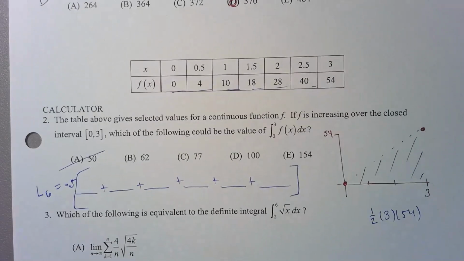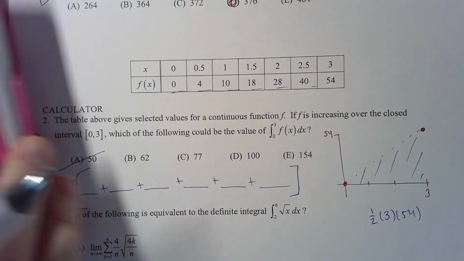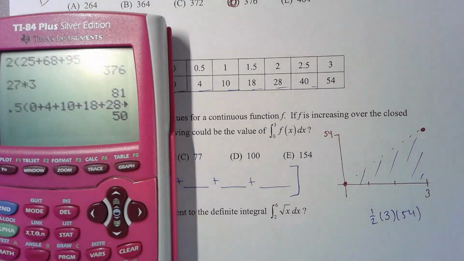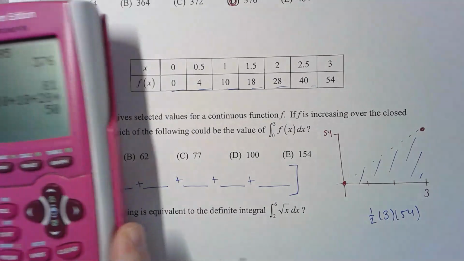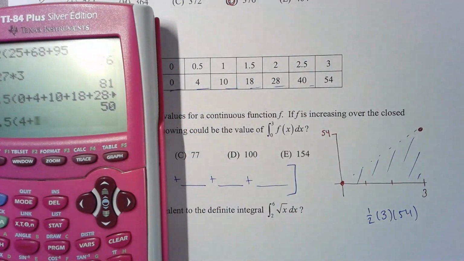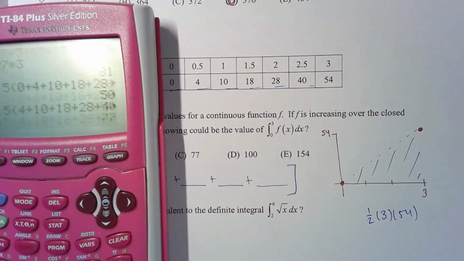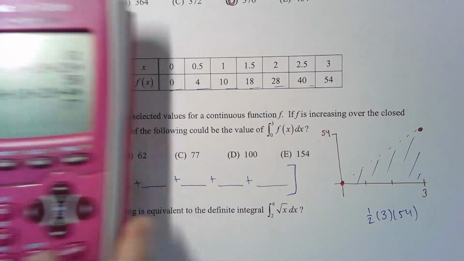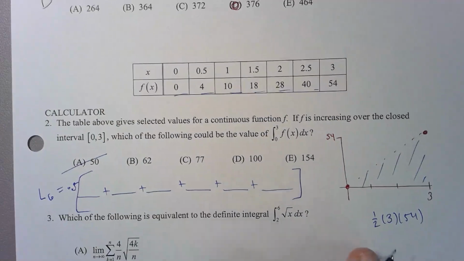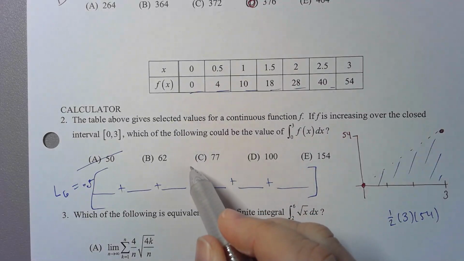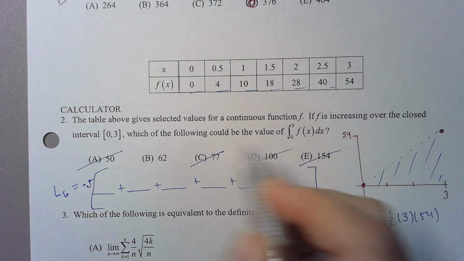Okay, so let's do a right endpoint. So again, 0.5. If I use my right heights, I have 4 plus 10 plus 18 plus 28 plus 40 plus 54. And I get 77. That's a right endpoint, and that would be too much. That's an overestimate.